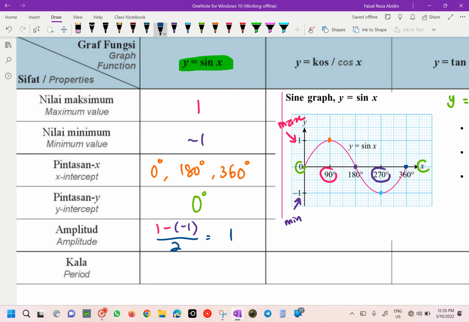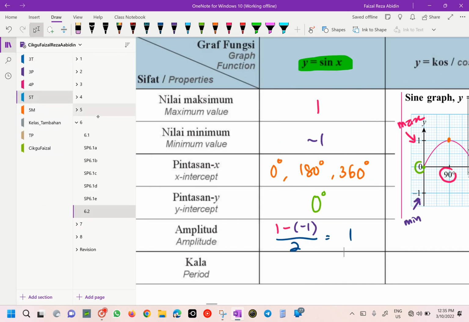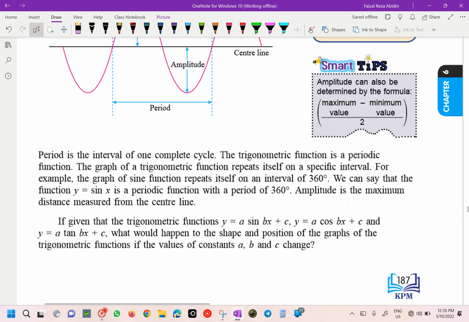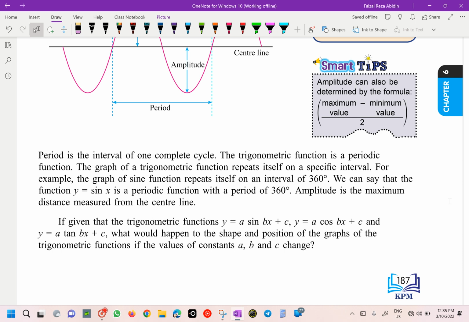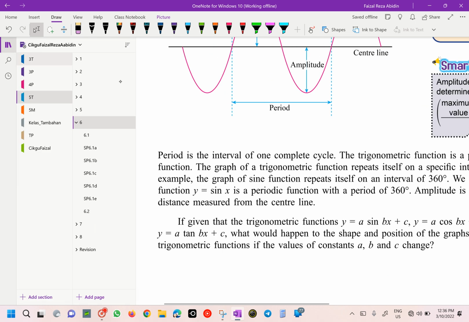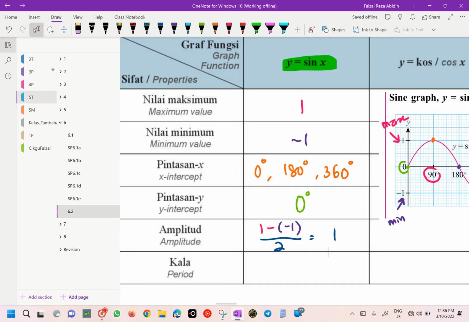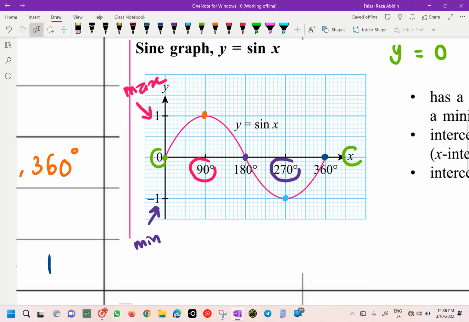What is going to be our period over here? You are going to look into our Nilam book. Okay, this one. Period is the interval of one complete cycle. One complete cycle. So what does it mean? For our graph of sine, to get one complete cycle, 360 is going to be one complete cycle.